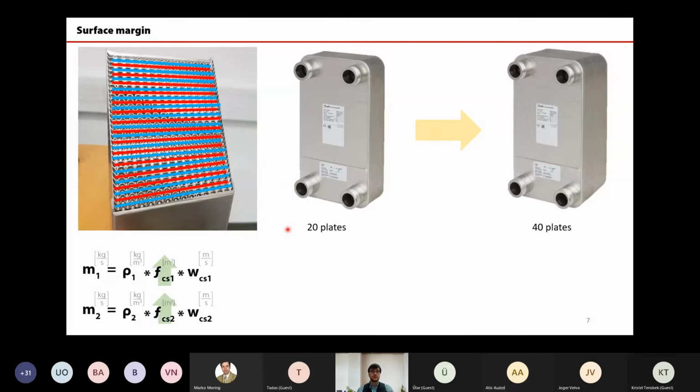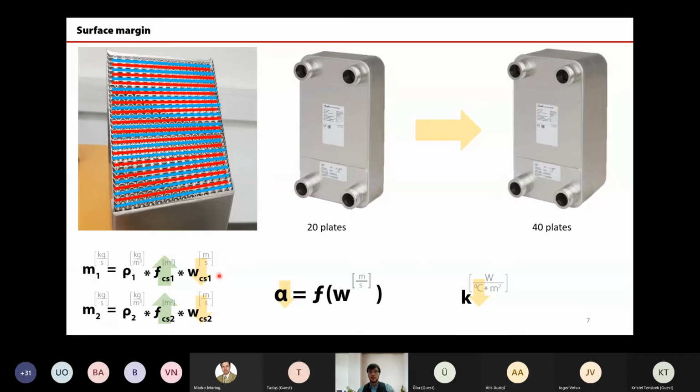And by doing that, if I still have my constant flow rate, which I have, and we can also say density is also a constant, my velocity will go down. So by increasing the number of plates in a plate heat exchanger, I'm dropping velocity in the channels. If I'm dropping velocity in the channels, I'm actually dropping film coefficient. And as you have seen before, film coefficient has direct impact on the heat transfer coefficient. So it also goes down.